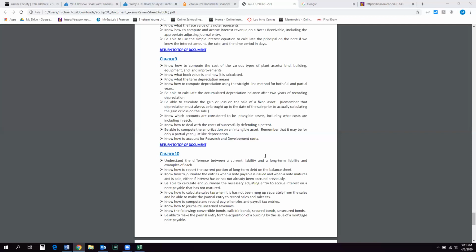So know what the term depreciation means. Recognize that it is not a loss of value. People always think of it that way, but it is instead an allocation of the cost of something to an expense spread out over the life of an asset. So the idea is that it's the matching principle, right?